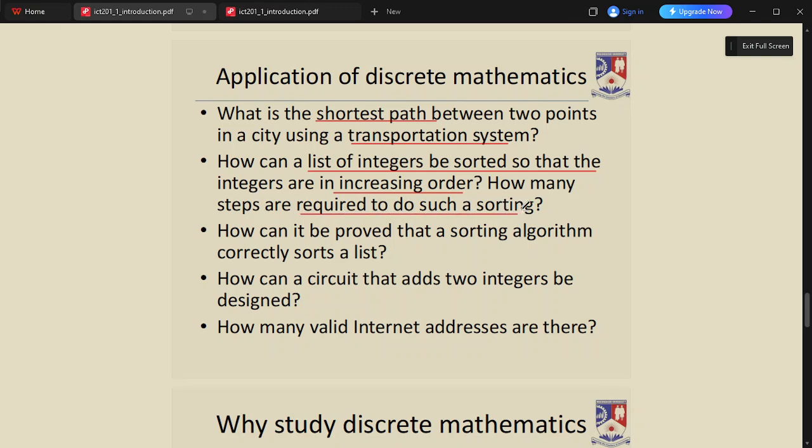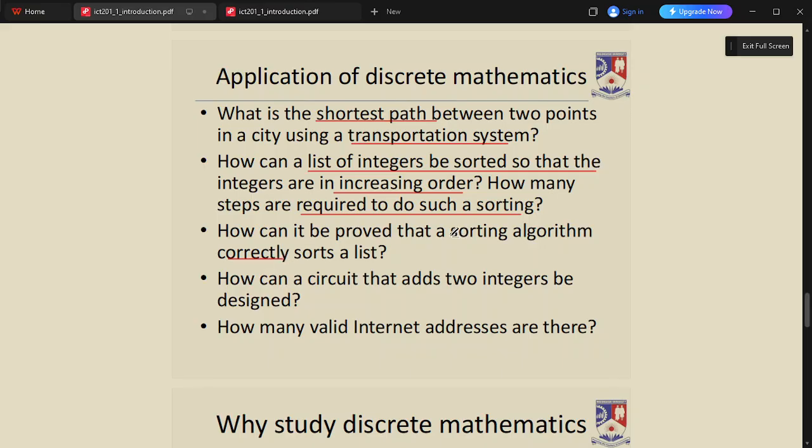That is discrete mathematics. It can also help you prove that the sorting algorithm of the list is correctly done.